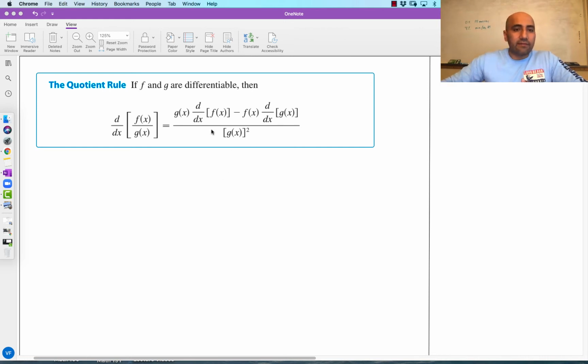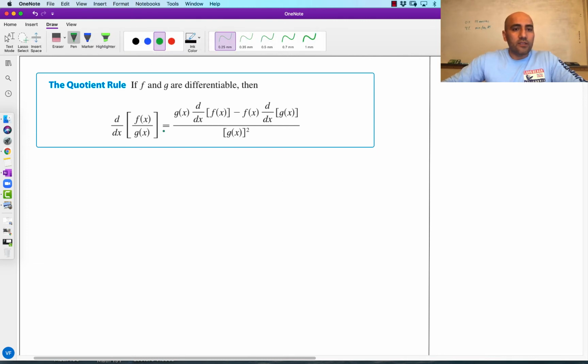That kind of language is going to be happening in the song, so just be aware of it. For song purposes, they refer to the numerator as the high and the denominator as the low, and d means the derivative.